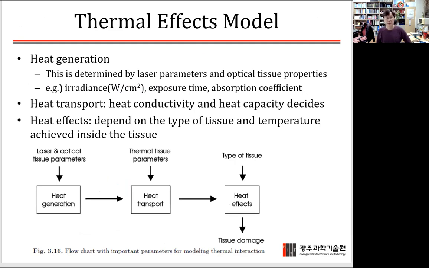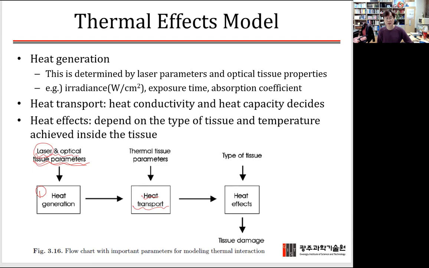The thermal effects model has three components. The first one is the heat generation, which comes from the laser and optical parameters and also the tissue optical parameters: how strong the laser illumination is, and how much energy the tissue absorbs from the laser. Once there is heat generation in the tissue, the second component is how the generated heat is transported to the surrounding tissue.